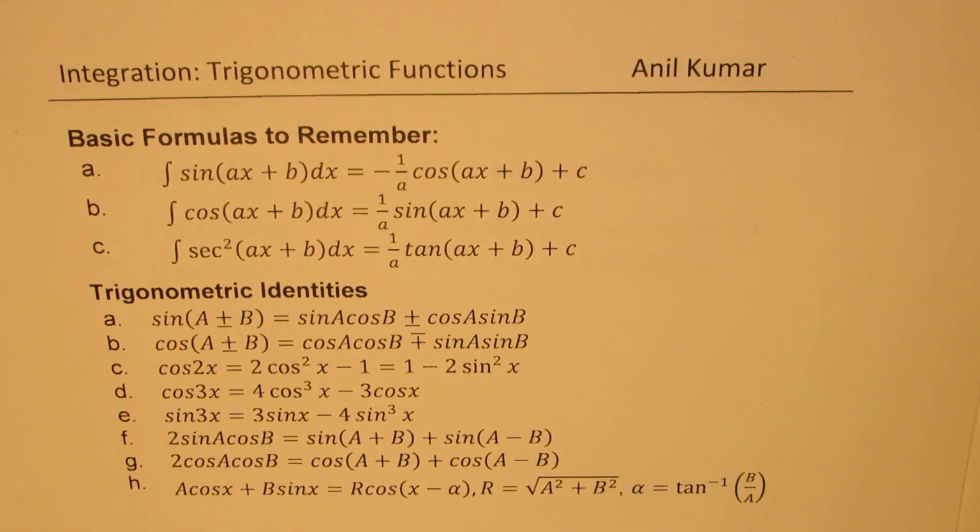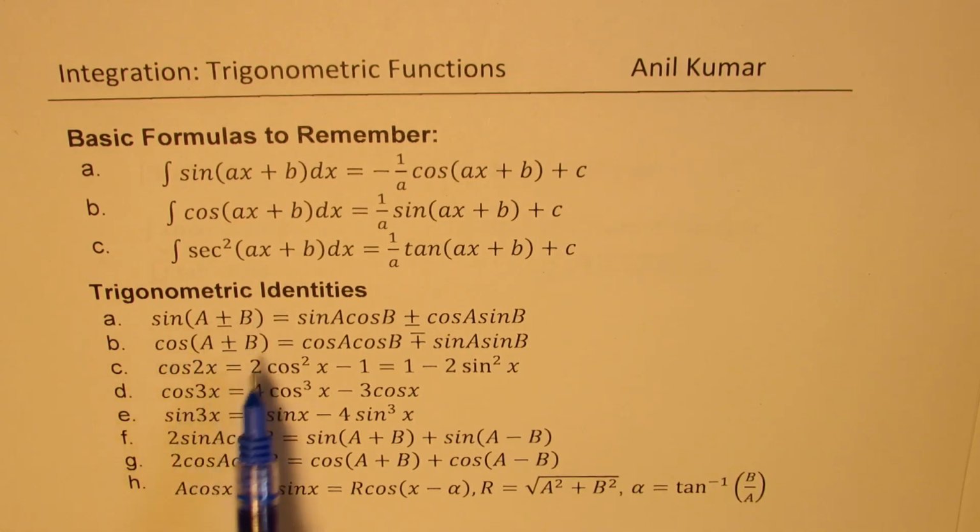I'd like you to review trigonometric identities, and especially you should remember the following formulas given here. Sin a plus b, cos a plus b, cos 2x, cos 3x, sin 3x, combinations with product of sine and cosines, and the wave equation a cos x plus b sin x, which can be written as r cos x minus alpha, where r, the magnitude, will be square root of a square plus b square, and angle alpha is between 0 to pi by 2, which is tan inverse of b over a.